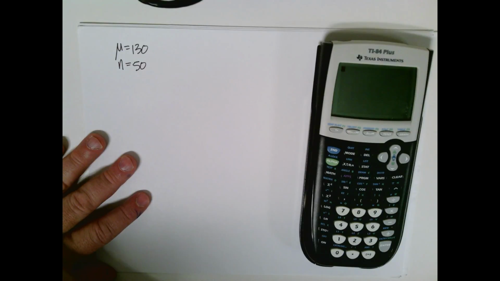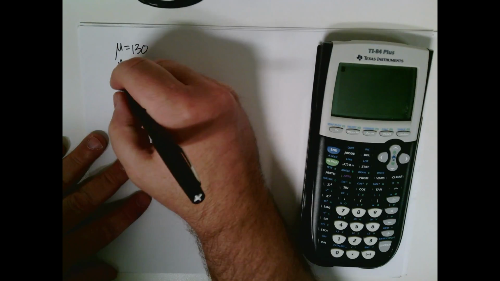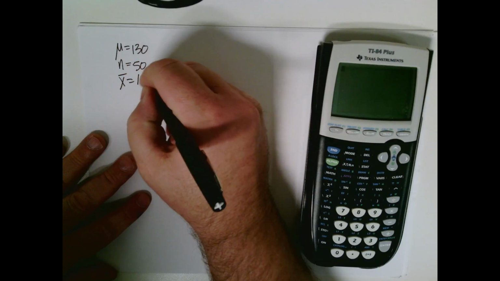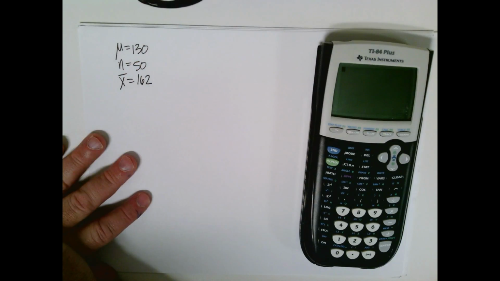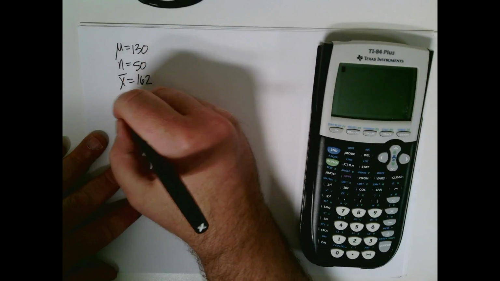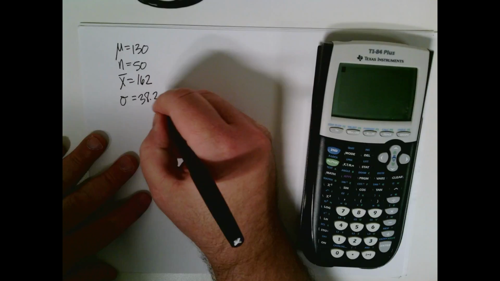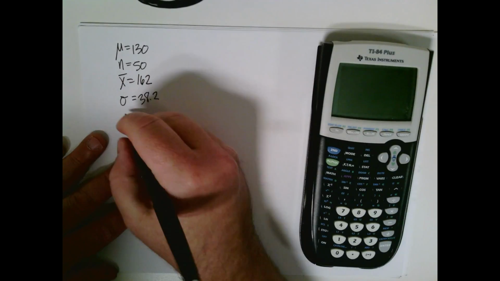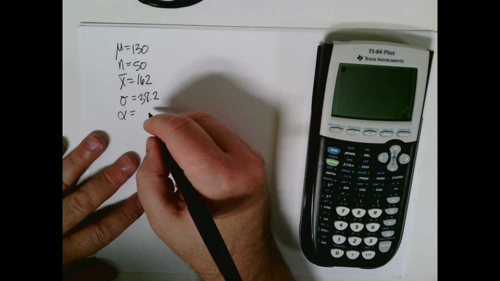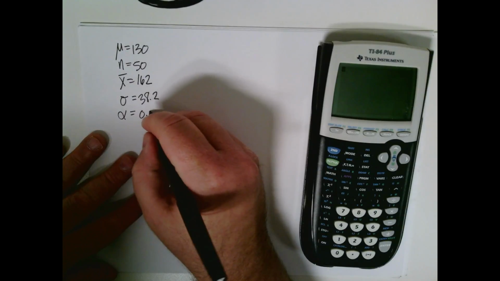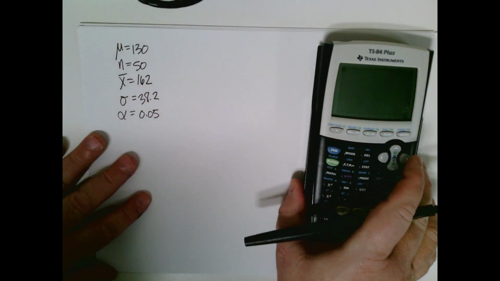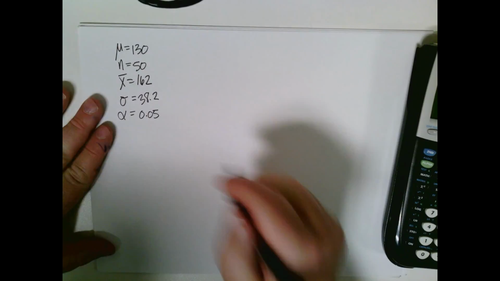Their average number of Facebook friends was 162, and the population standard deviation is 38.2, and of course we have alpha given as 0.05. Okay, so those are the numbers we're going to need throughout.